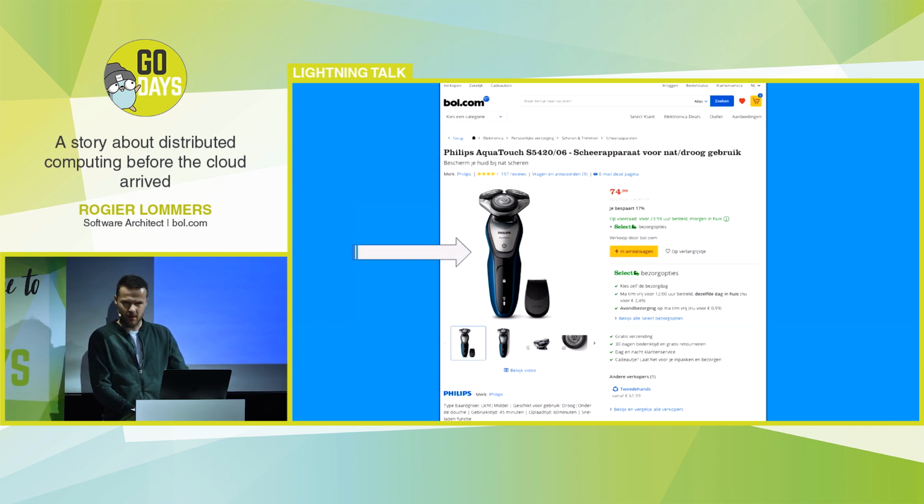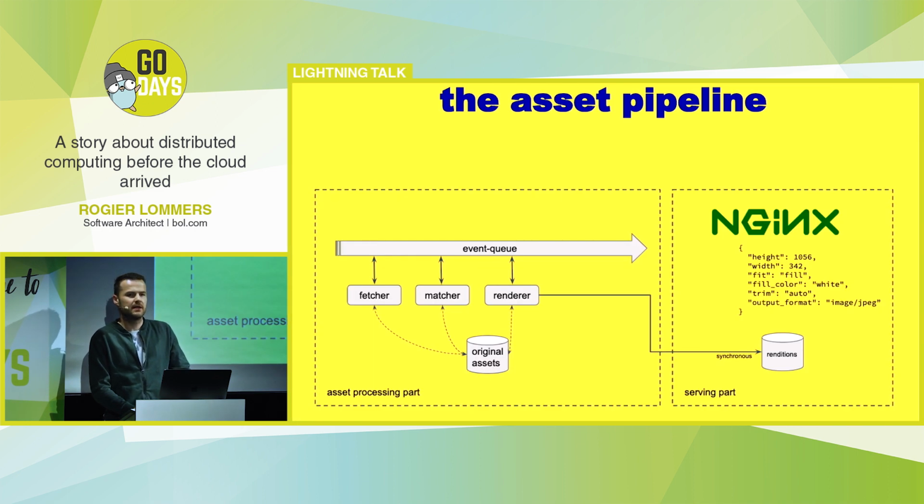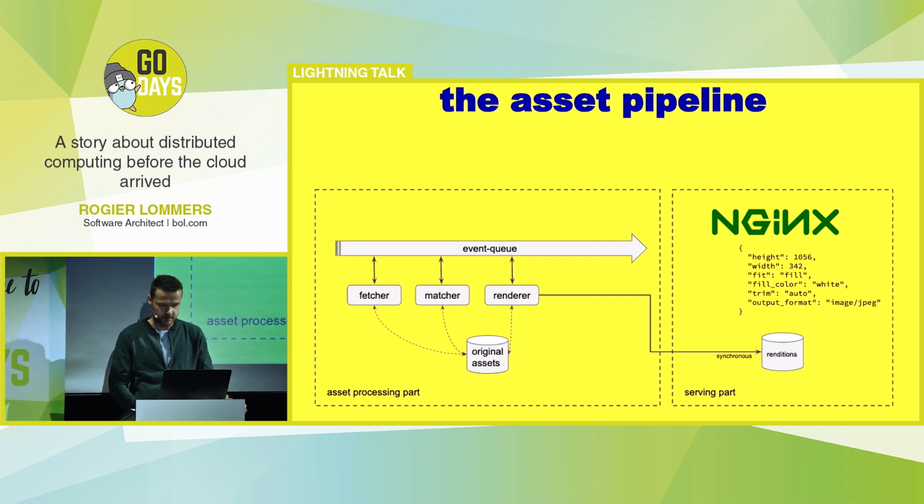This is our webshop, and let's focus on a specific asset, this Philips device. Let me tell you what exactly happens before this image arrives at the webshop. Here you see a simplified schema of our asset flow. It all starts with fetching the original asset from our partner's servers. We save the high-resolution one in a store, and then we match that product against our internal IDs.